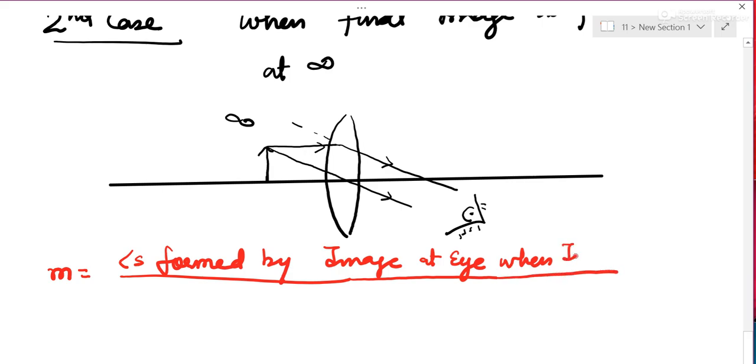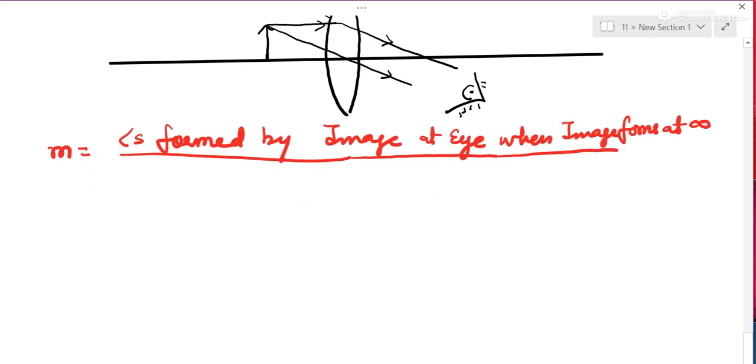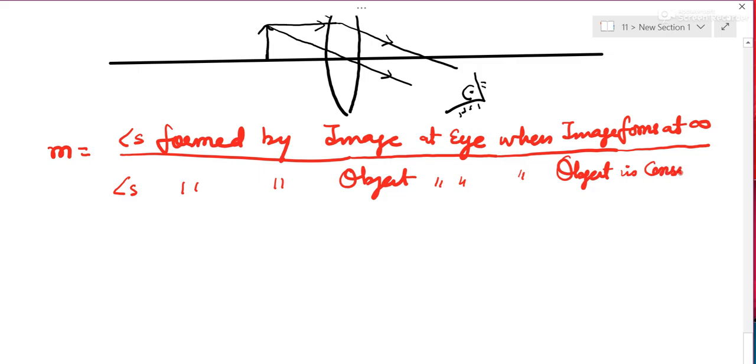And the lower one is fixed. That is what I said: the angle formed by the object at the eye when the object is considered at a fixed least distance.